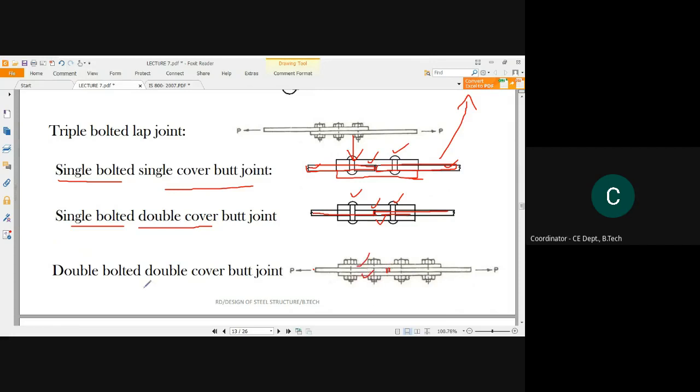So this will be called a double covered butt joint. And this plate has been carried by these two series of bolts, and this plate has been carried by these two series of bolts. That is why this is called a double bolted, double covered butt joint.